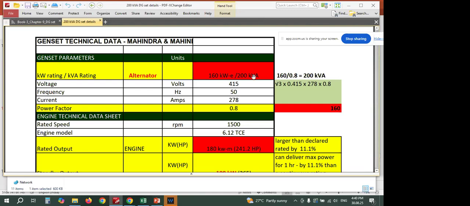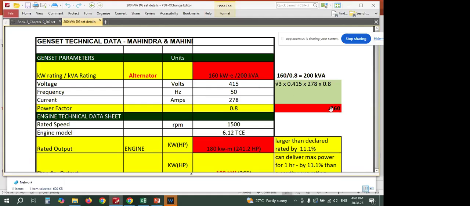So how is it 200 kVA? 160 kW declared divided by 0.8 power factor. The design of the alternator is for 0.8 power factor load, not less than this. So 160 divided by 0.8 is 200 kVA, simple way.